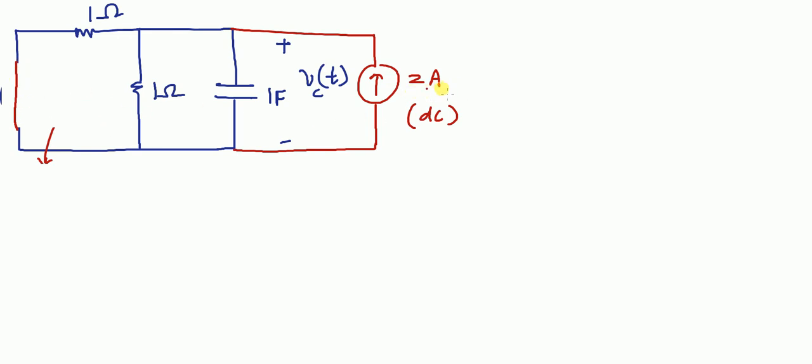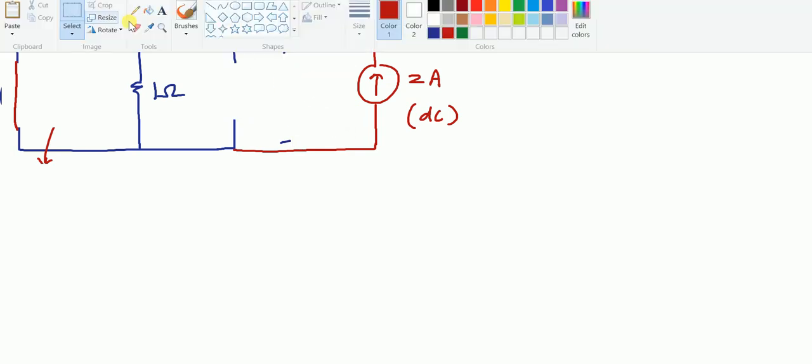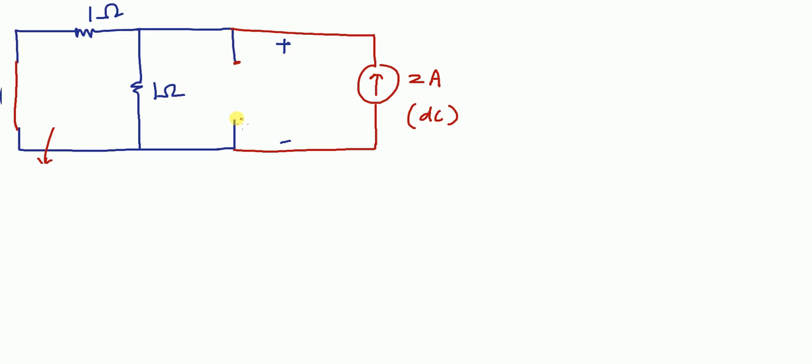Now we can see this current source is connected across the capacitor, and we have to find the steady state response. So at steady state, steady state means infinite time, if capacitor is connected to this DC current source for a long time, then capacitor becomes open circuit, because capacitor is fully charged and no current will flow through capacitor, and this voltage is Vc infinity.